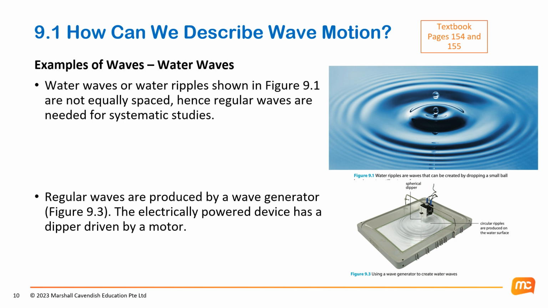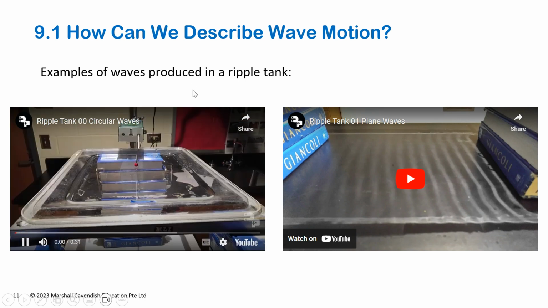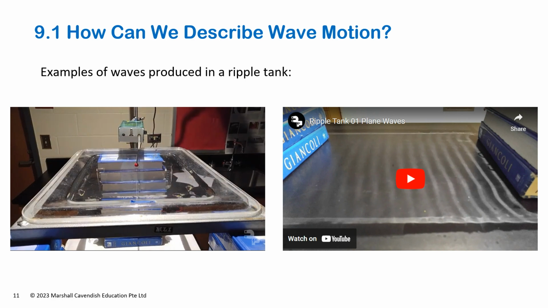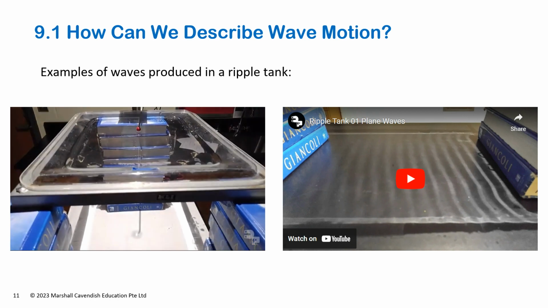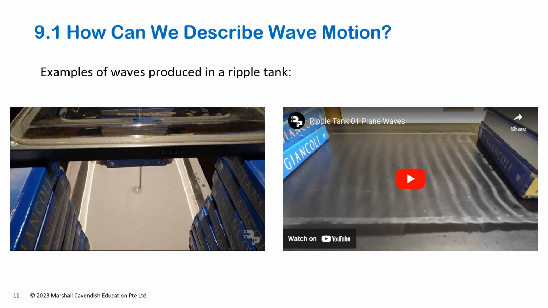Here I'm going to show you two examples of such waves. In my first video, you'll see a ripple tank and the ripples produced when the person taps on this ball, which will then agitate the water surface and produce ripples.